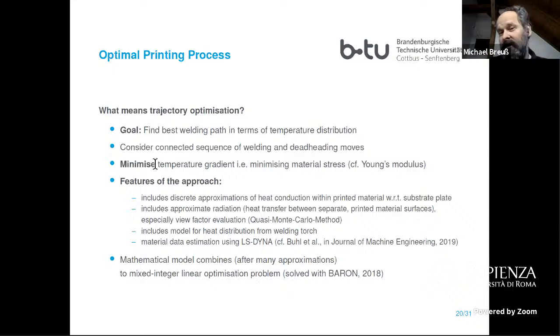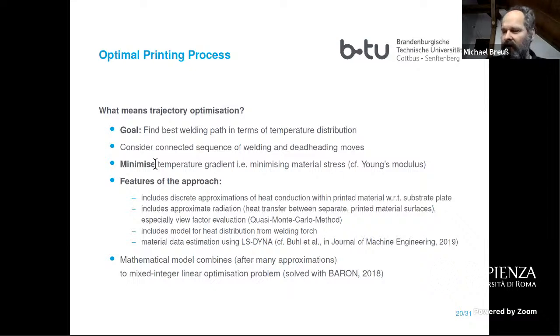And when you look at the rate of radiation, things get less trivial because it is a power law, first of all. So you have the surface temperatures of the parts that radiate to each other, and they come to the power of 4. So the terms that you have to discretize and take into account are of higher power. This is also somewhat difficult for the optimization scheme here. And you have to take the difference of these temperatures to the power of 4 in order to know the influence of the mutual radiation.